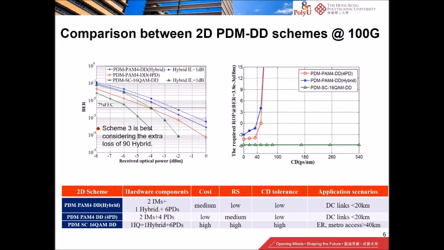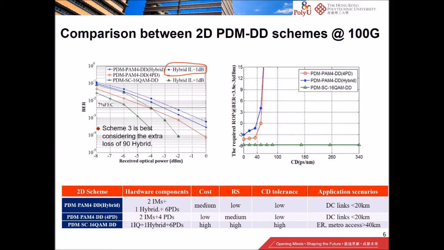One of the things that we want to highlight here is that if you count the additional loss by the hybrid, the performance of the schemes that require a hybrid will be worse.